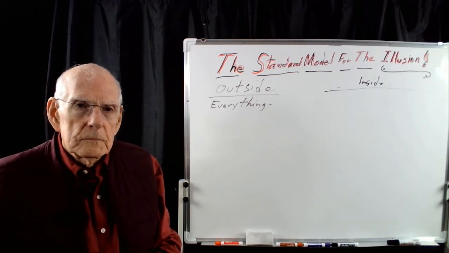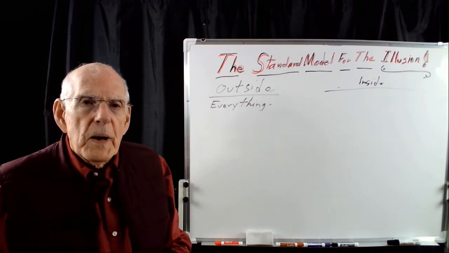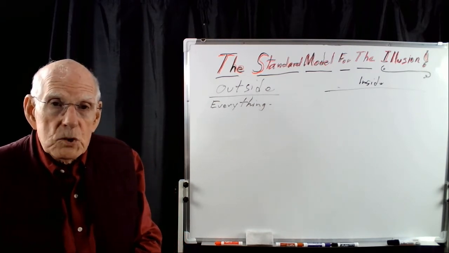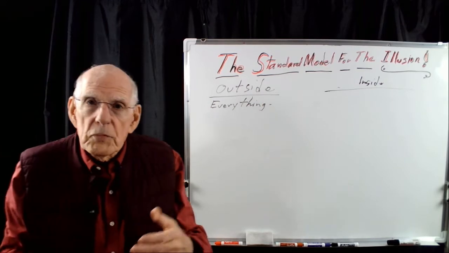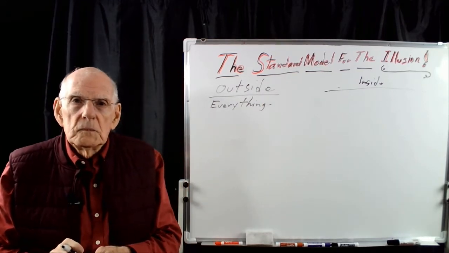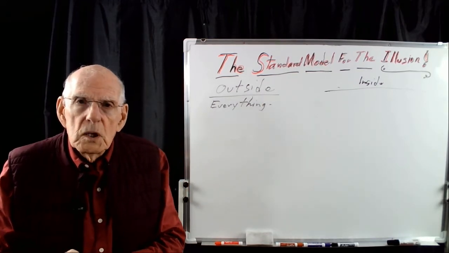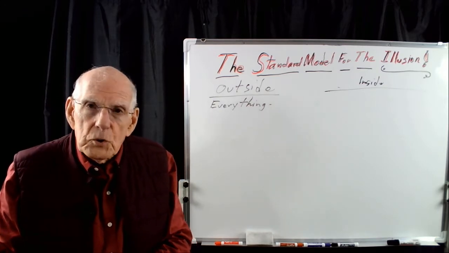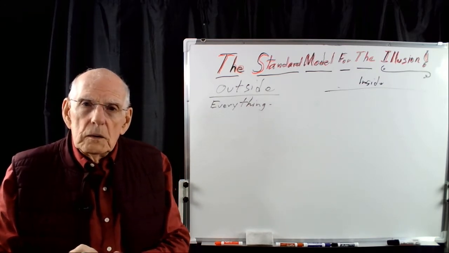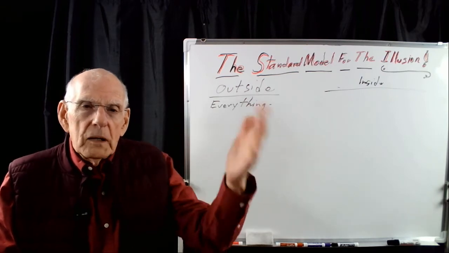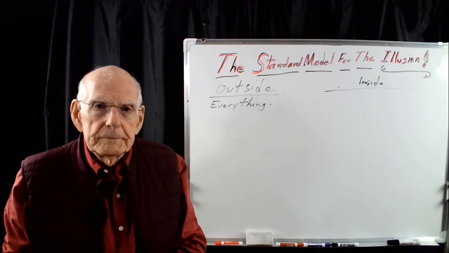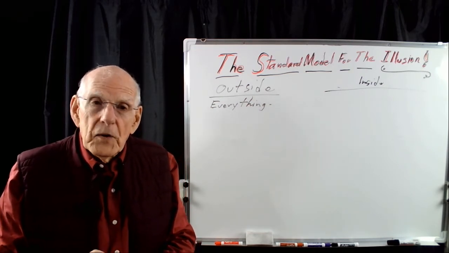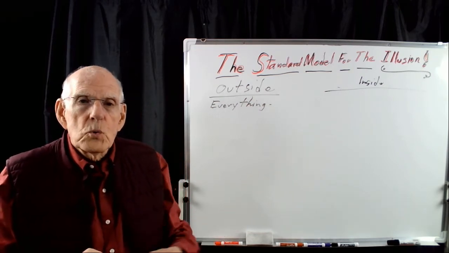Here's the thing. You're not your body. Oh, that might surprise you, because you might have thought you're your body. And of course, in the illusion, you think you are. So in the standard model, you think you are your body. But you're not your body. And therefore, there's no inside.